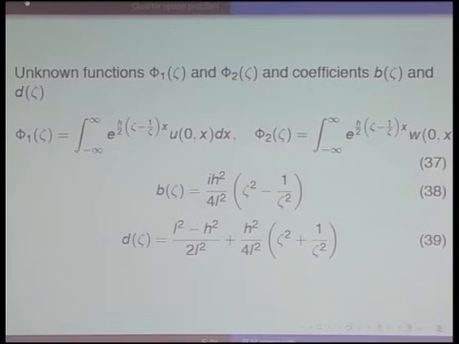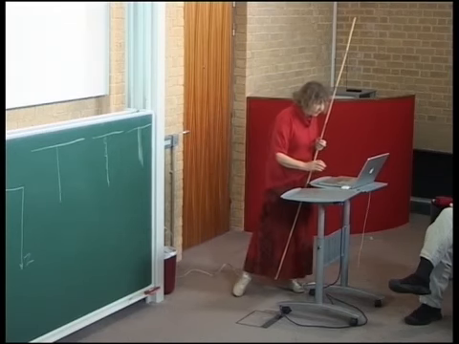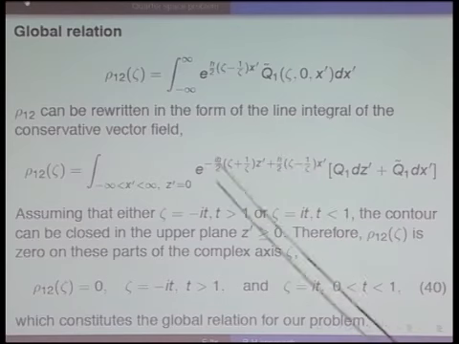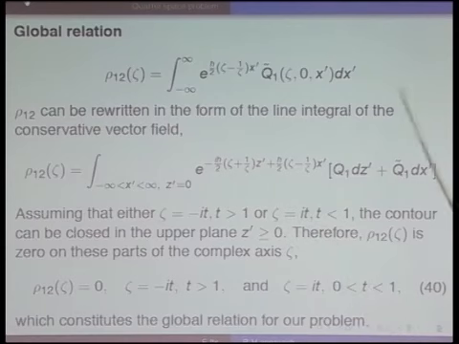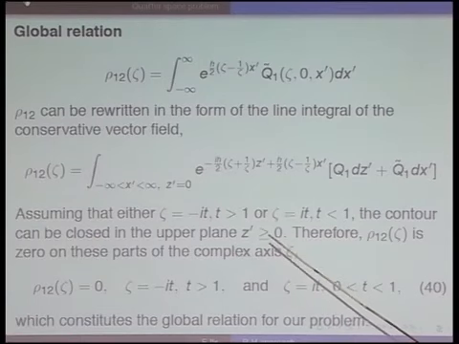This element is called the global relation. So again, we rewrite the jump function as the integral, and we rewrite it as the line integral of the conservative vector field.